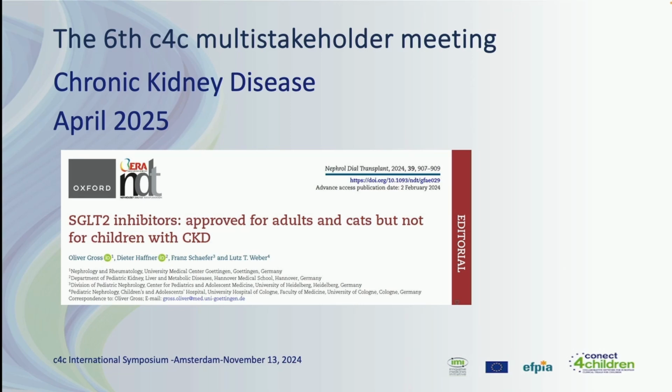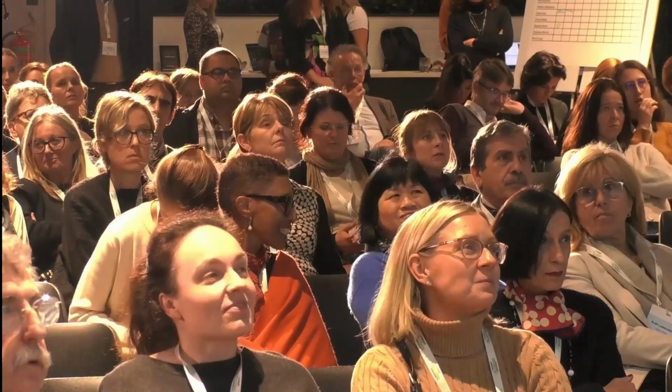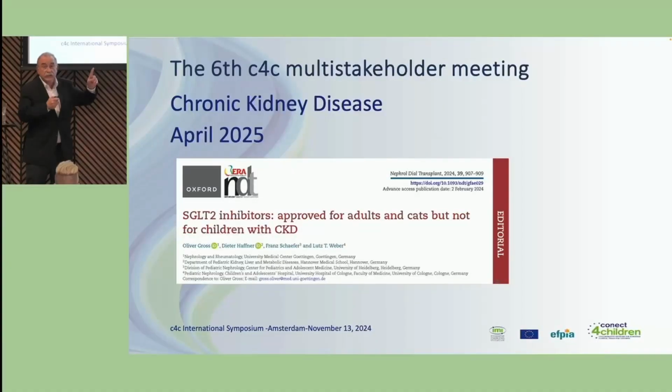The next one, and the final one, because clearly initially we were asked to do 4, but then we did 5, and now we are up to 6. That will be in April 2025. We will discuss chronic kidney disease, and the best rationale for doing this is this publication saying SGLT2 inhibitors approved for adults and cats, but not for children with chronic kidney disease.